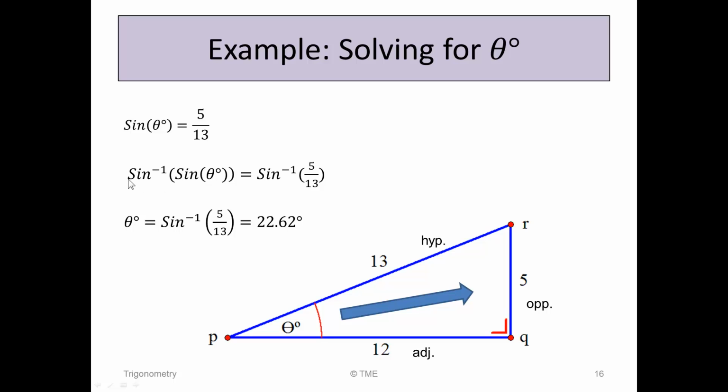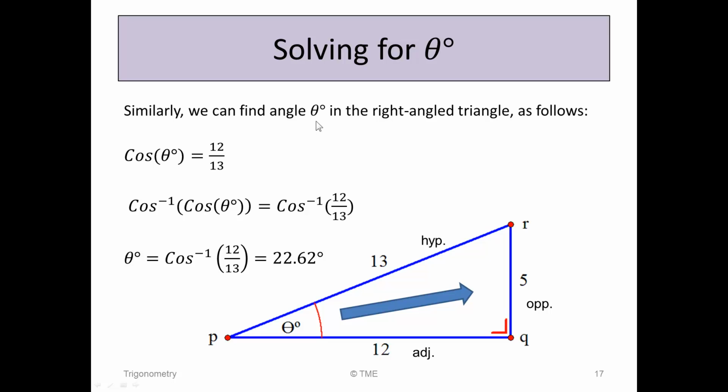We're going to take the sine inverse of the left-hand side, then we must also take the sine inverse of the right-hand side. So sine inverse of sine theta will just give us theta. Sine inverse of 5 over 13, we can do this on a calculator. 5 over 13 in your calculator, press inverse sine, and you get 22.62 degrees. We've identified the angle.